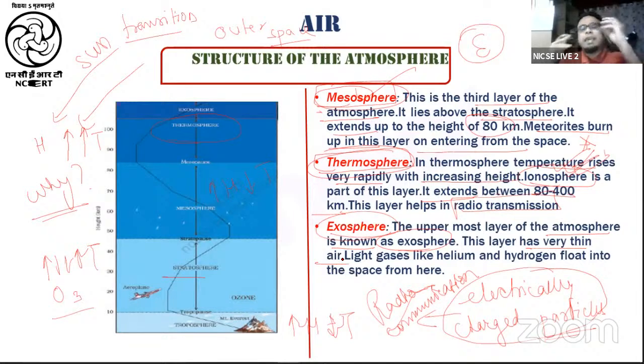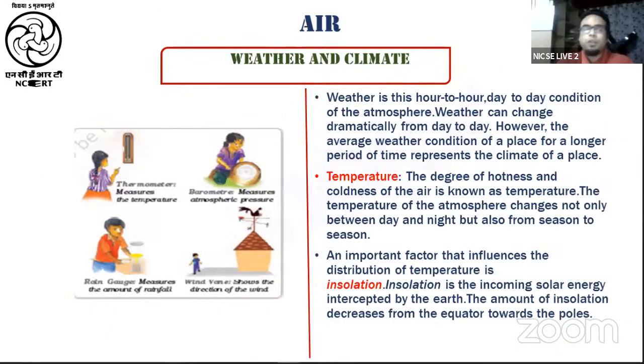Because here the density starts to decrease, and gravity starts to decrease, and therefore this is considered to be a very thin layer. And this layer is made up of light gases, like helium and hydrogen. Understood this? So these are the different layers of the atmosphere, which we call the structure of the atmosphere.